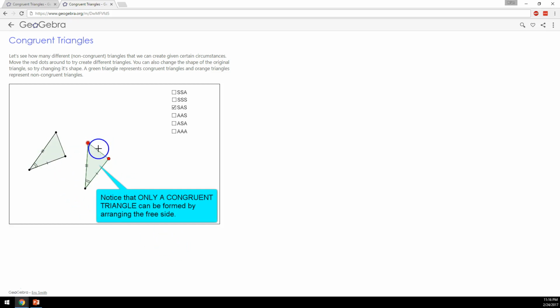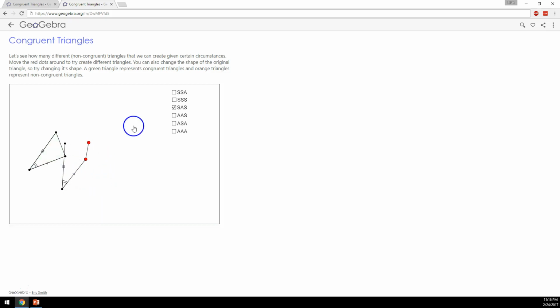And you see with me adjusting the leg here, it has made it a true statement. And there you go. So you've proven side, angle, side, and they're both congruent now. If you were to overlap them, you would see that they are both exactly the same. And that's it.